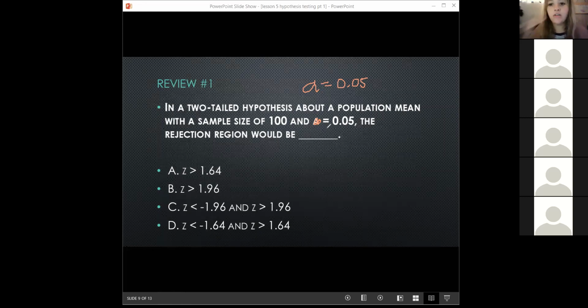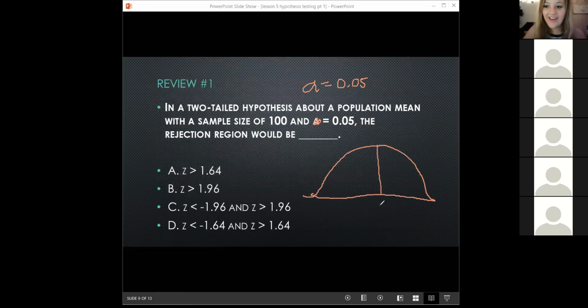If our alpha is 0.05, that's our rejection region. That's the 5%. Remember, alpha is the rejection region, the part where we would reject that null hypothesis. So let me draw this out. Another beautiful normal curve, courtesy of me. I'm just kidding.